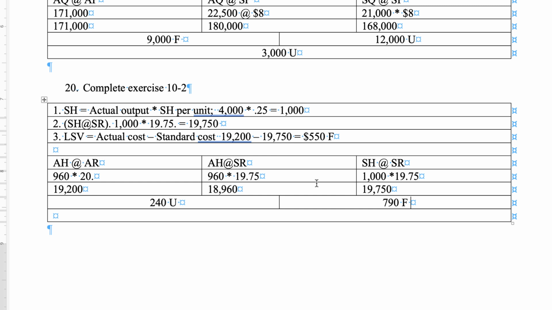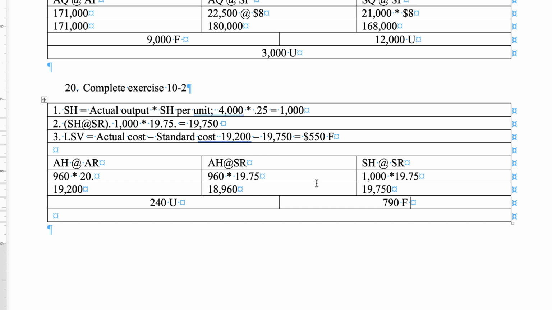Well, the manager did good using less hours than he should have, but we paid more than we should have. Why? Maybe we had fewer workers, so we had to pay them overtime, but they were still able to get it done in less time.